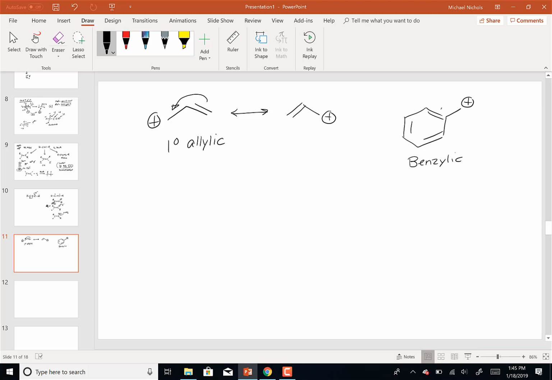We can draw a resonance structure by moving the double bond here outside the ring, and then there's a plus charge, then I can actually draw 2 more resonance structures. So allylic and benzylic carbocations are stable. Now, how stable are they compared to a tertiary? I think, but I don't know.